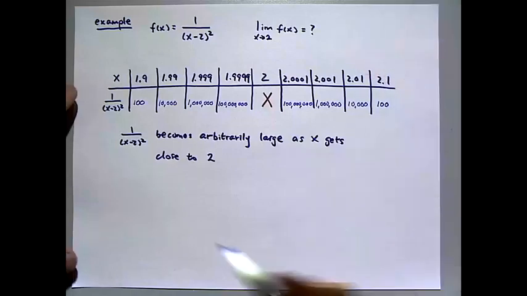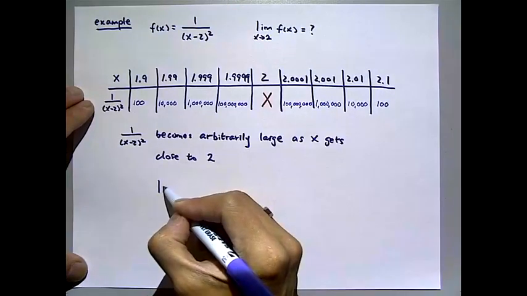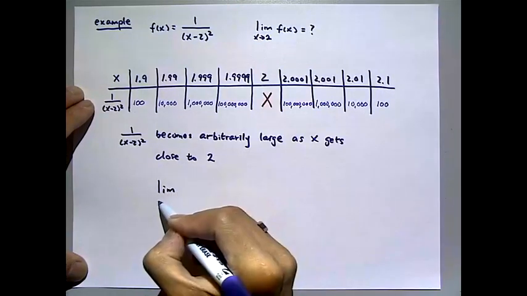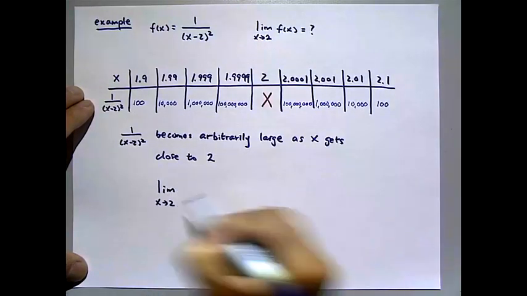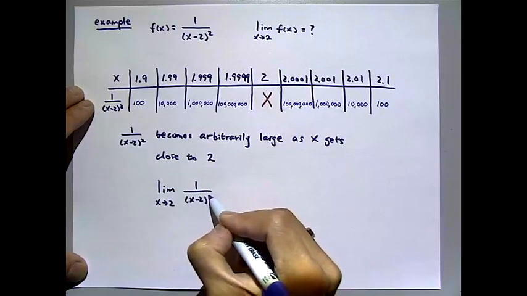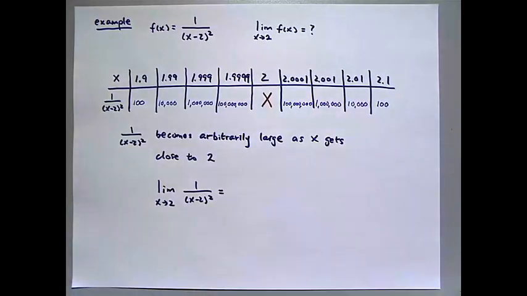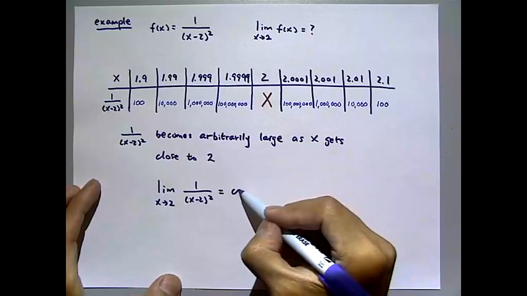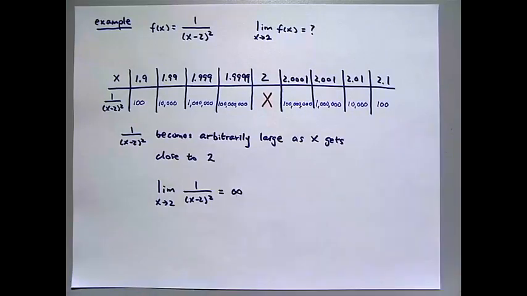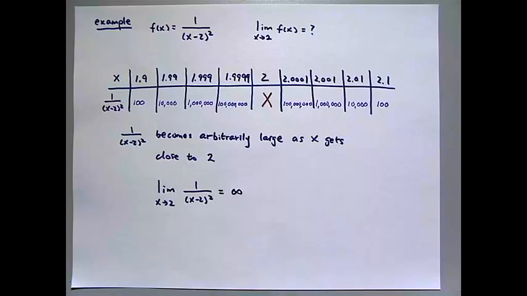And in the shorthand mathematical notation, you would write the limit, LIM x goes to 2, the function we're investigating. And how would you represent a big number? Infinity, right, exactly, infinity. There's no bound to how big you can make it. So we say the limit is infinity. This is what's called an infinite limit.